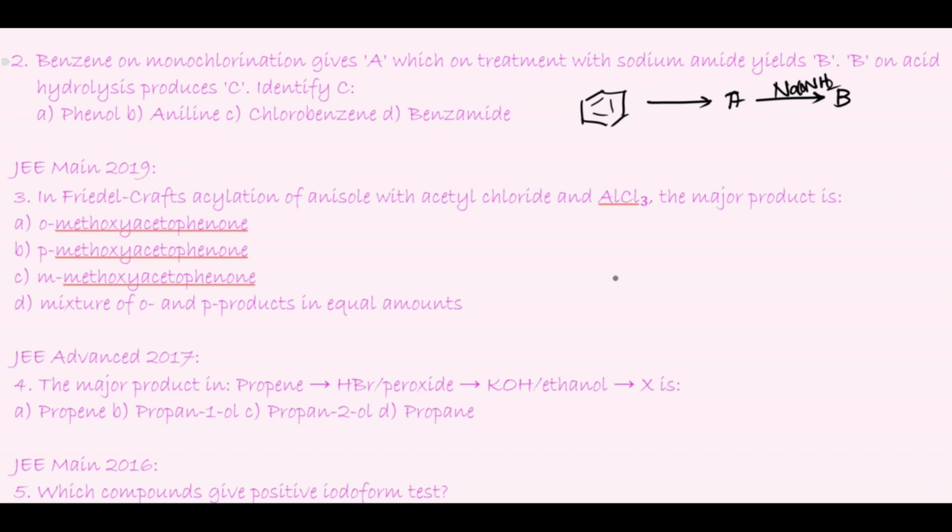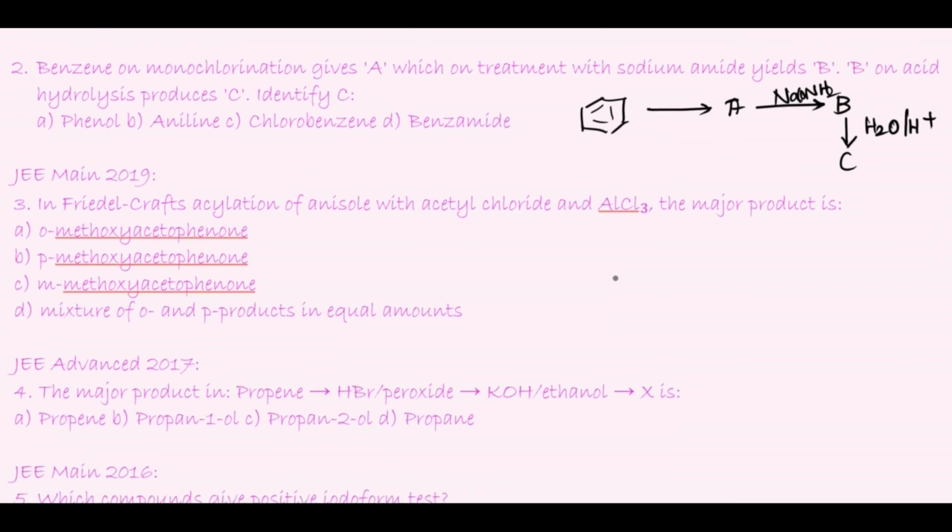Then B on acid hydrolysis produces C. So identify C. Benzene is undergoing monochlorination, so only one Cl will get attached to the benzene ring, and then reacting with sodium amide.